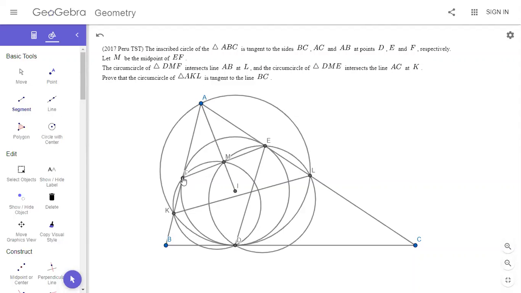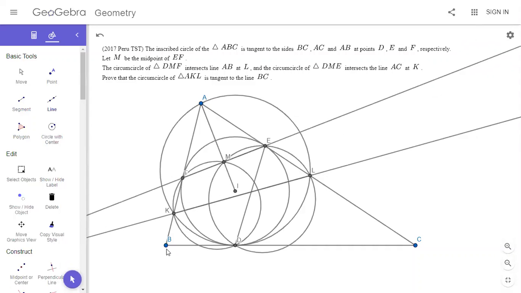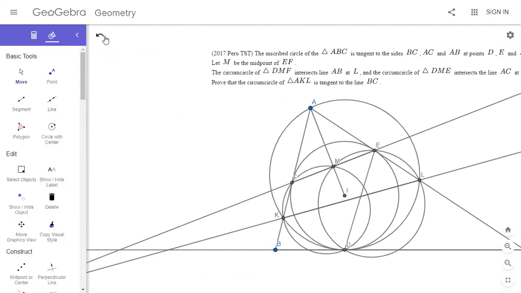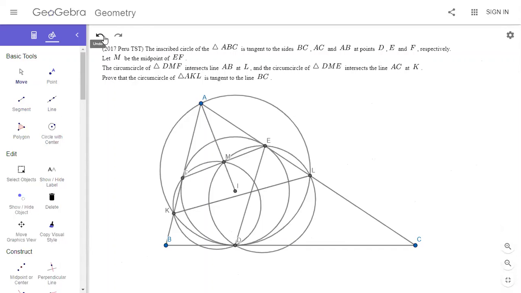BC, EF, and KL. They might be. No, I don't think so. But it's an interesting idea.